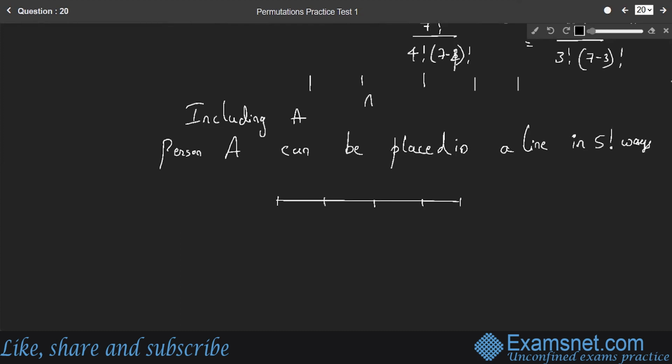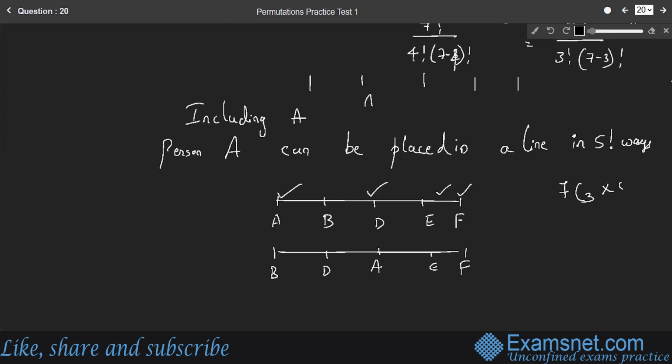These persons may be B, D, E, F, 4 persons, including A. Whoever they may be, excluding G and H. So we can place A here also, B as the first person, D as the second person, E as fourth, and F as the last one. Like that, there are many ways of arranging the remaining 4 persons.